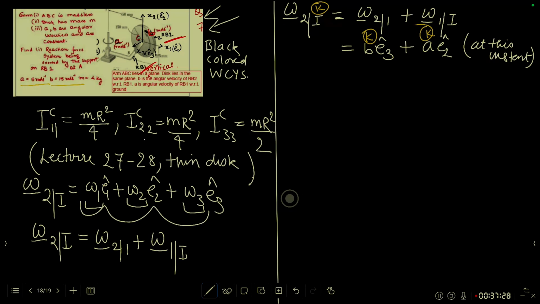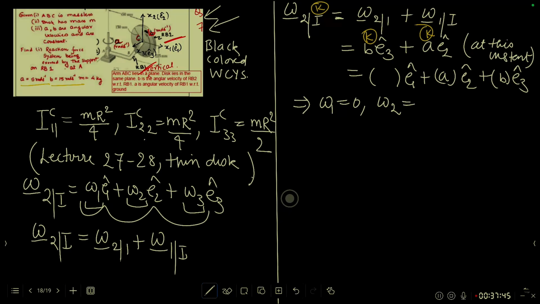And thus, omega 1 is 0, omega 2 is A, and omega 3 is B. These are the values that must go back in this side of the equation.